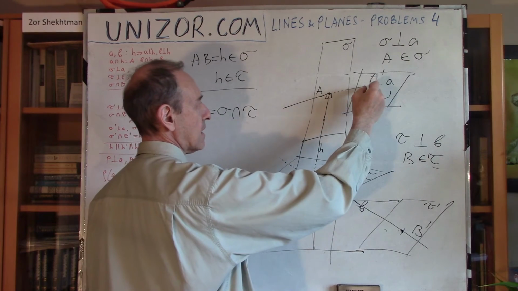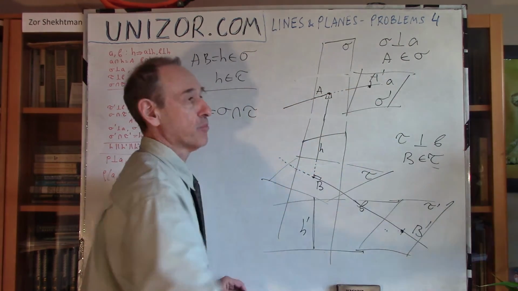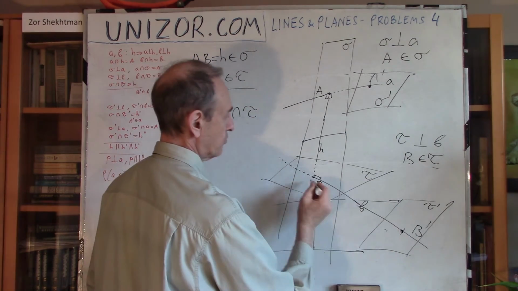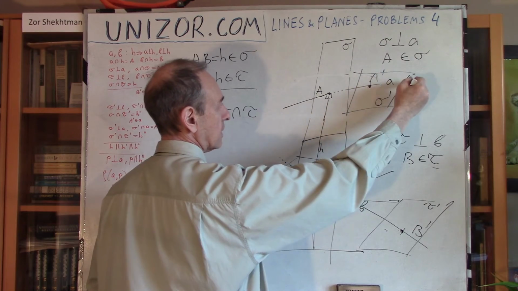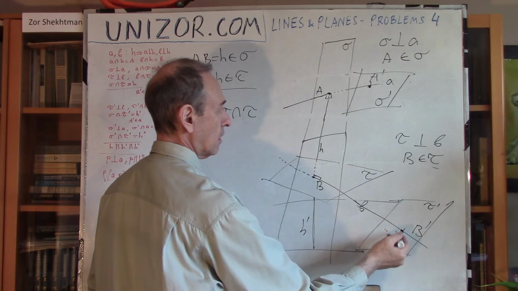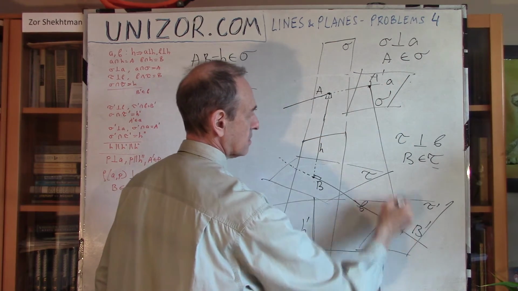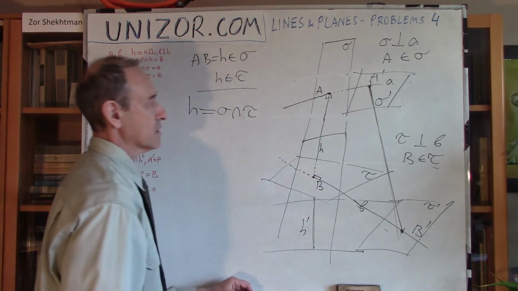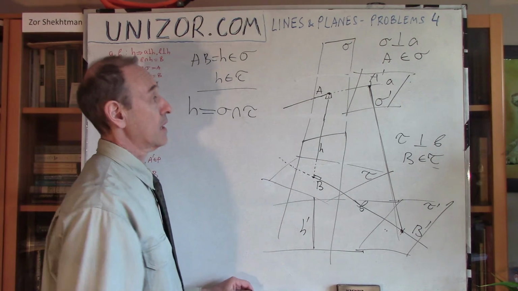So I switched from unknown A to any point A prime, and from point B to any point B prime, have a perpendicular plane here and a perpendicular plane here. And what will I get on the crossing of these things? I will have a mutual perpendicular, obviously, right?